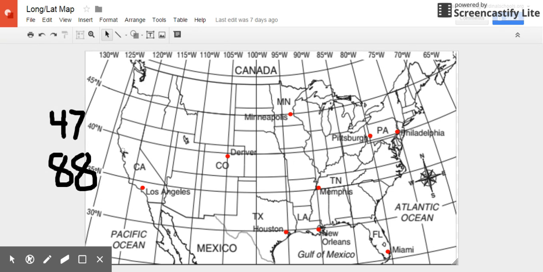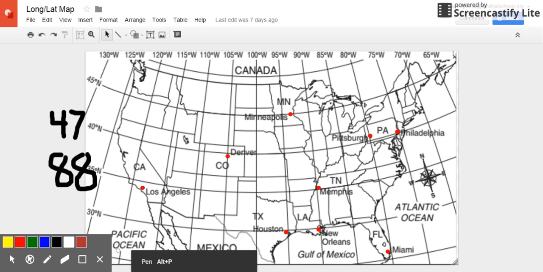And just touch the screen on where those two lines come together. And I'll show you where 47 and 88 are.